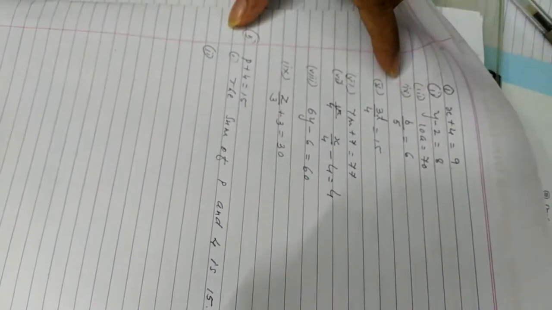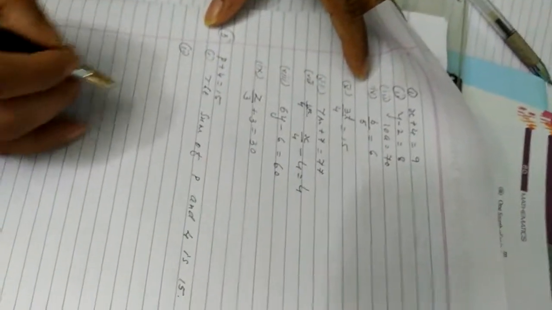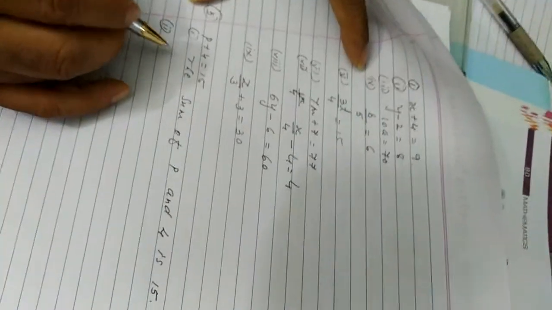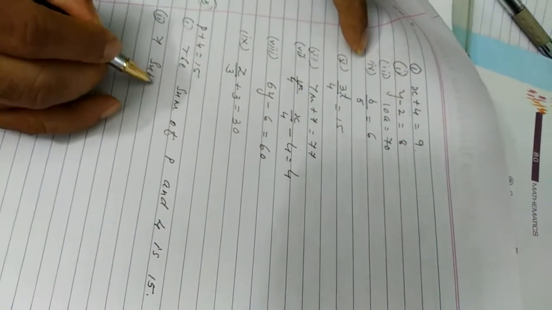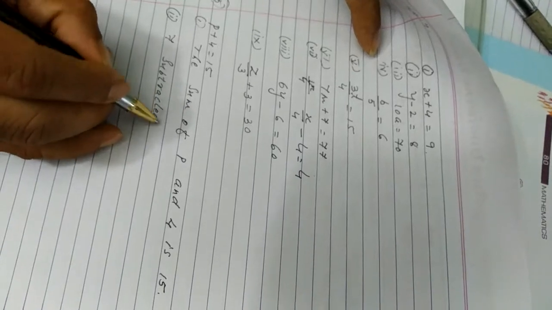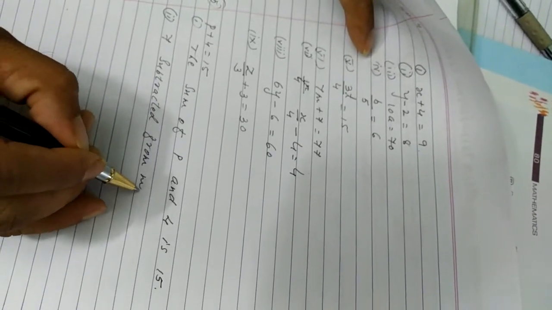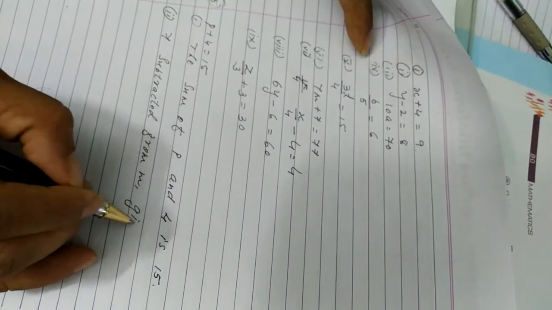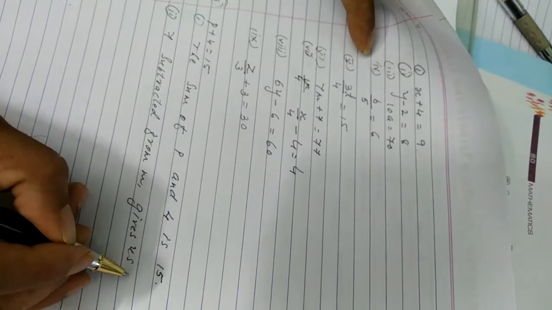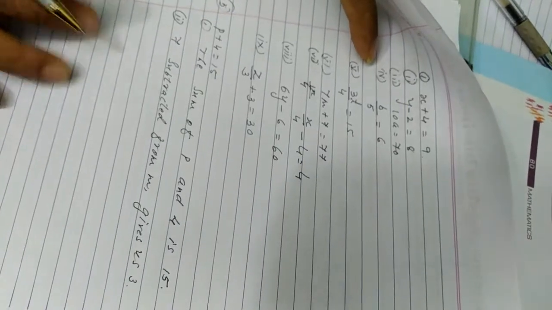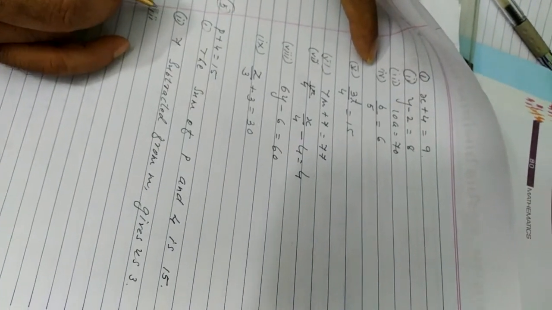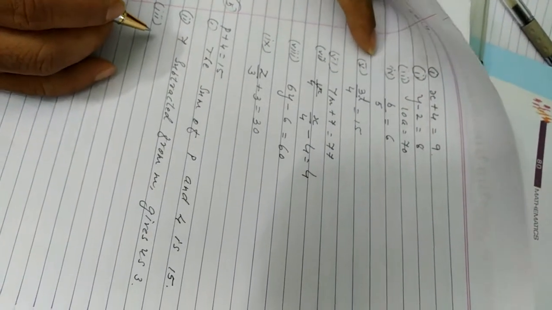Now see the second. M minus 7 is equal to 3. See, how many subtracted? 7 subtracted from which unknown m gives us what? 3, right? Now third, 2m is equal to 7.